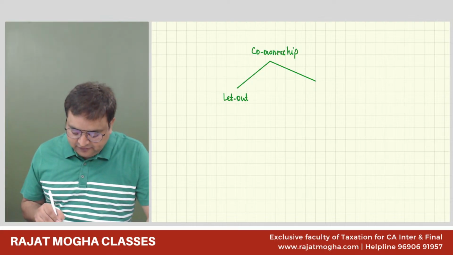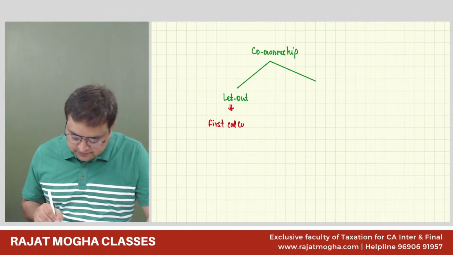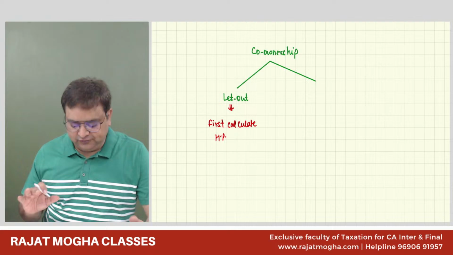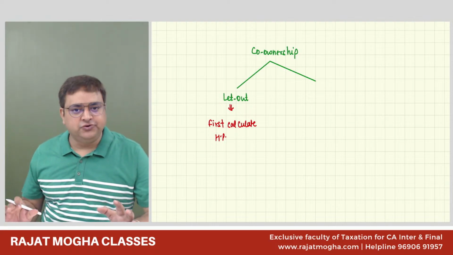If the property is let out property, how should you do it? First, in case of let out property, first calculate house property income normally. Normally means as a single owner. Don't care about the ownership ratio as of now.